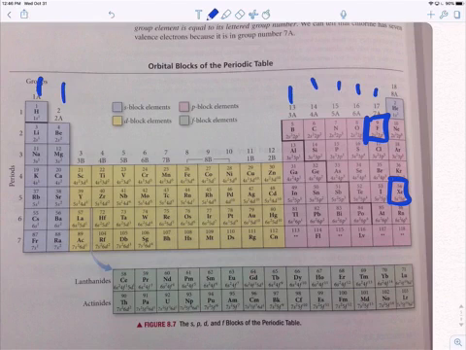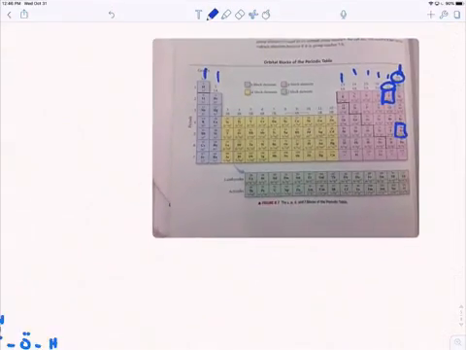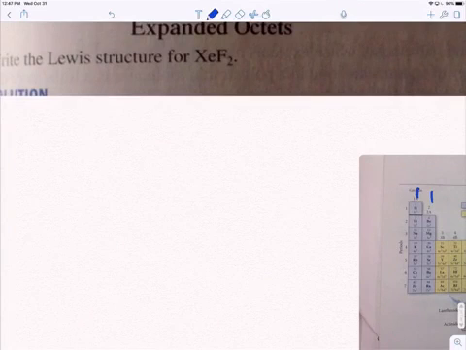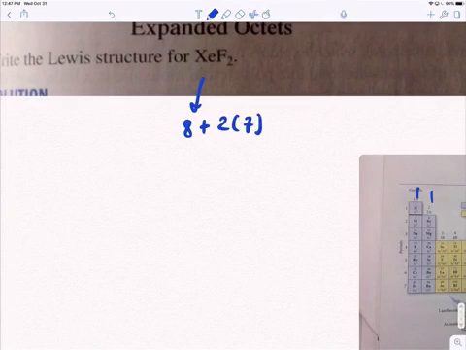Also note that there's a 7A there. And xenon has 8. And note that we have the 8A there. So the valence electrons for xenon difluoride: we have 8 plus 2 times 7. So 14 plus 8 is 22 electrons.